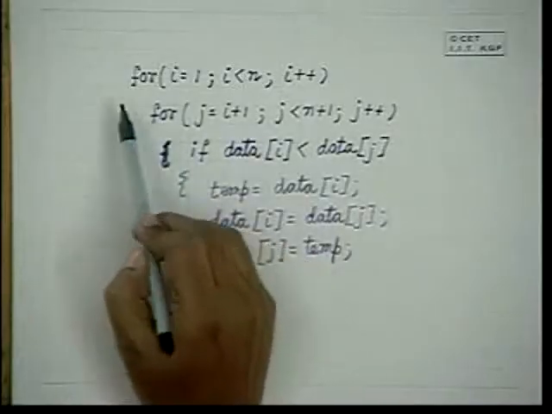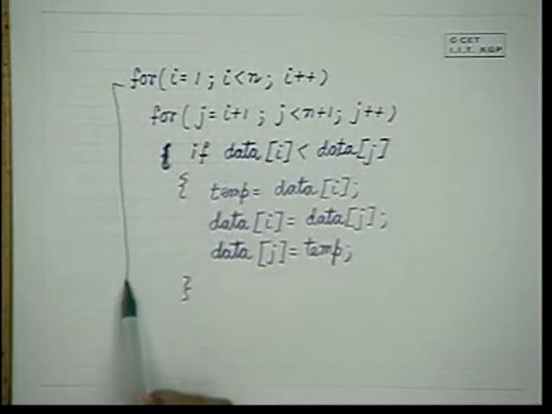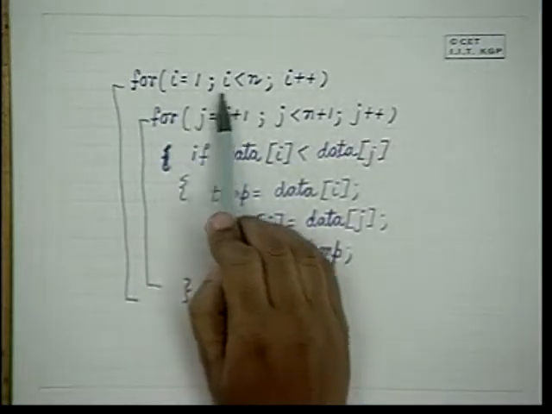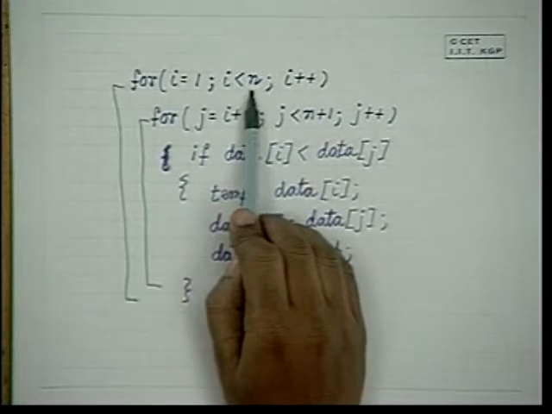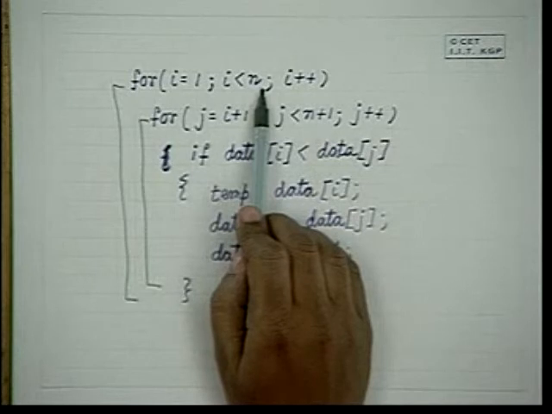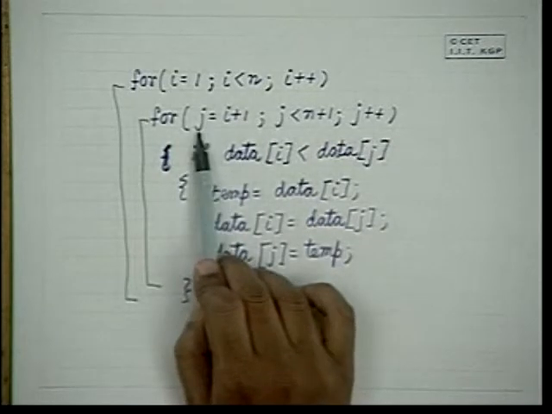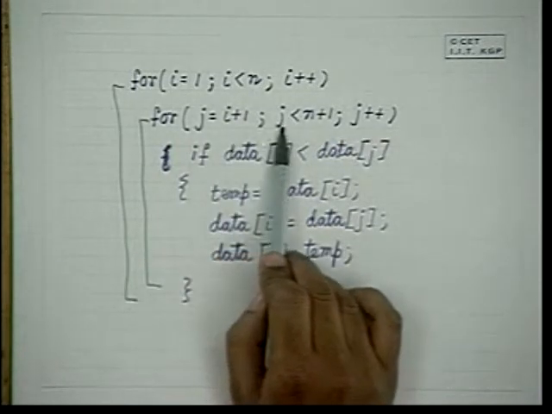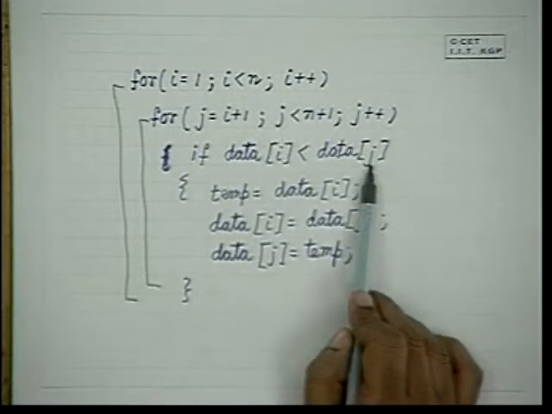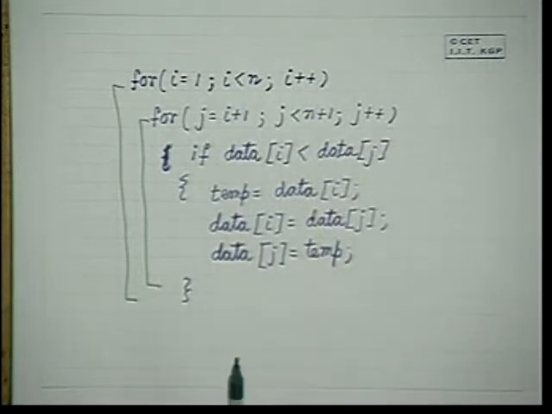The exchange sort, the core part of it, has two loops. For I equal to 1, I less than n, or if you wrote 0, then you would have written n minus 1. For j equal to I plus 1, j less than n, j plus plus. If data I is less than data j, then this is what you do.